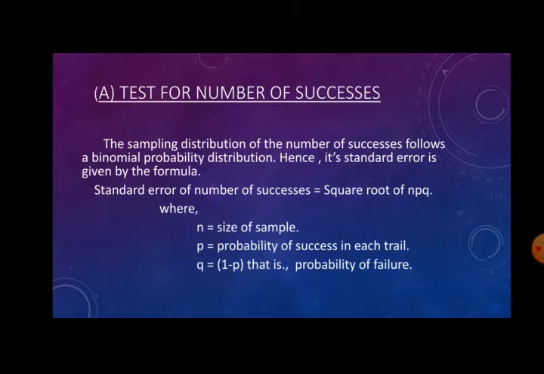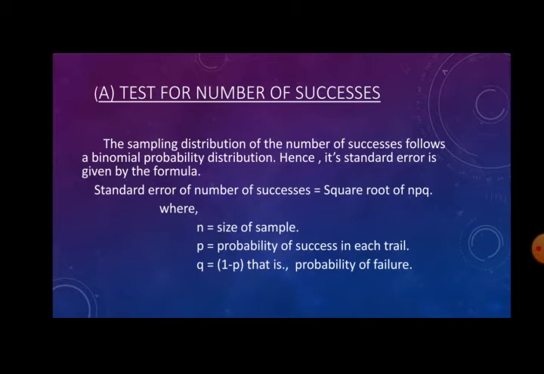Hence, the standard error is given by the formula: standard error of number of successes is equal to square root of NPQ, where N is equal to the size of the sample, P is equal to the probability of success in each trial, and Q is equal to 1 minus P, that is the probability of failure. Under test for number of successes, here binomial probability distribution is considered.